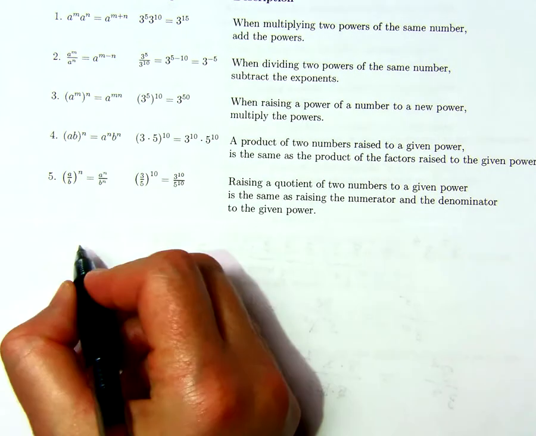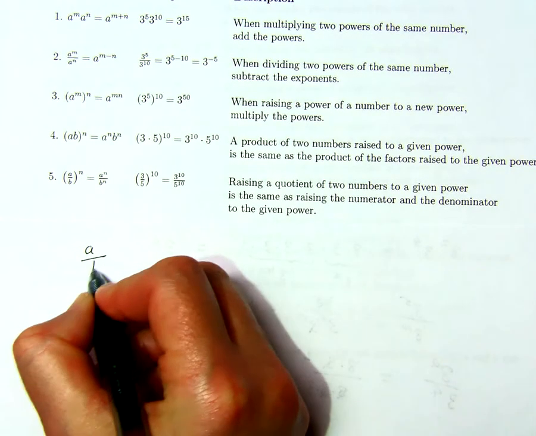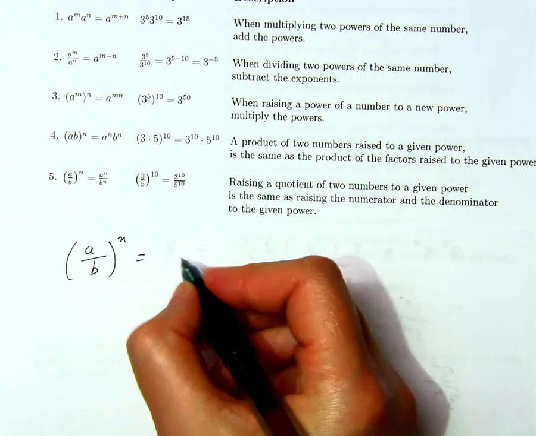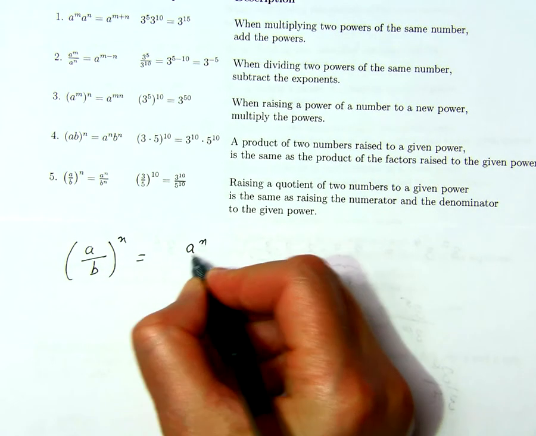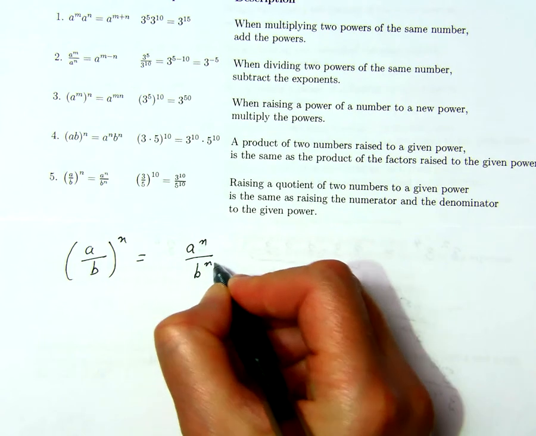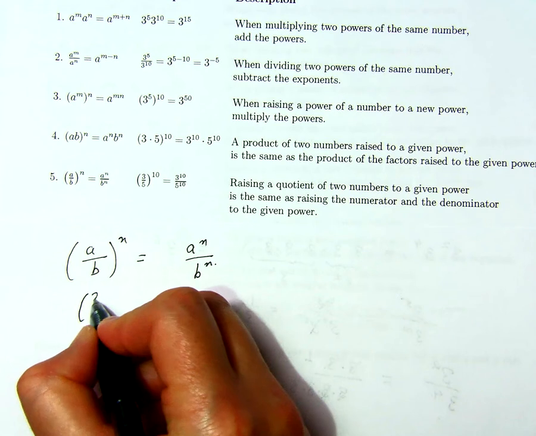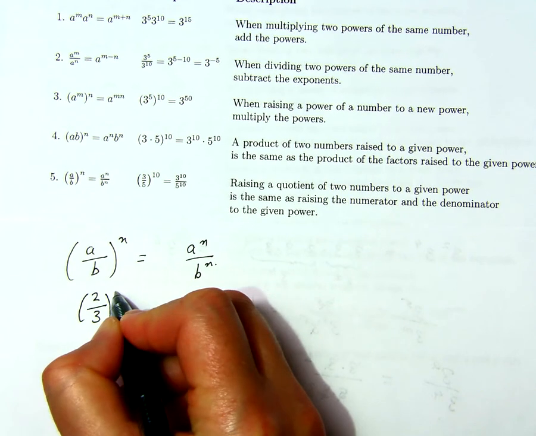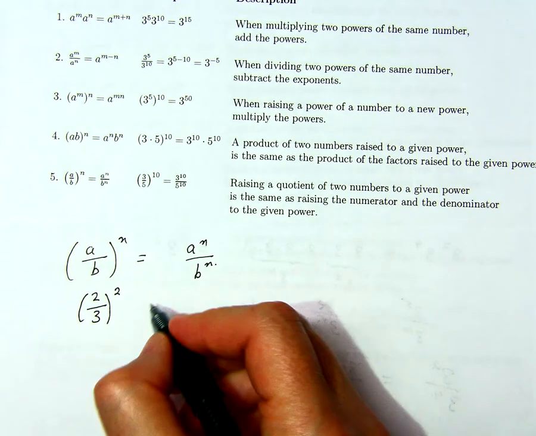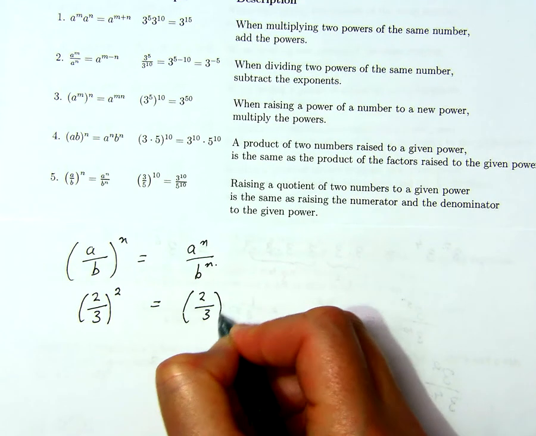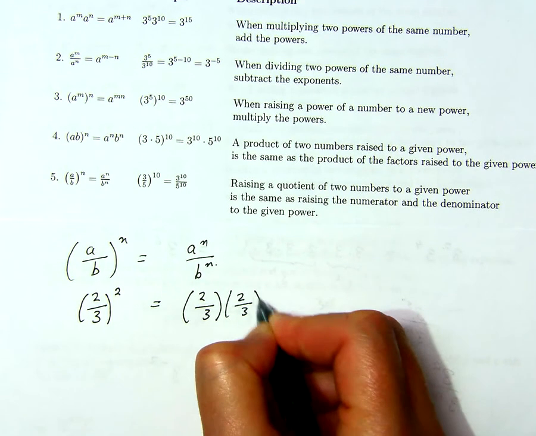If I have a fraction, a over b, and I raise it to the power of n, then I can distribute the exponent to the numerator and denominator. So for example, we have 2 over 3 to the power of 2 is equal to 2 over 3 times 2 over 3 by definition.